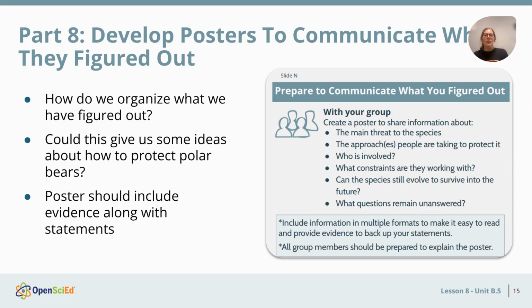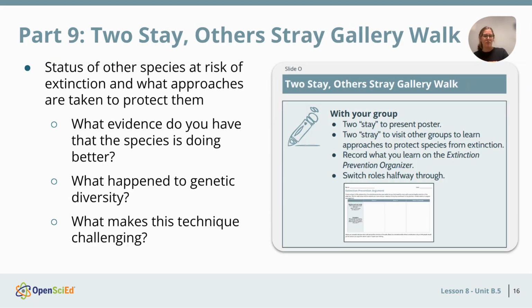And could we then get some ideas about how to protect polar bears from these different conservation methods? And then the poster should include evidence along with statements. You've got to make sure you're including that evidence, that data, to back up the claims that are being made on the poster.